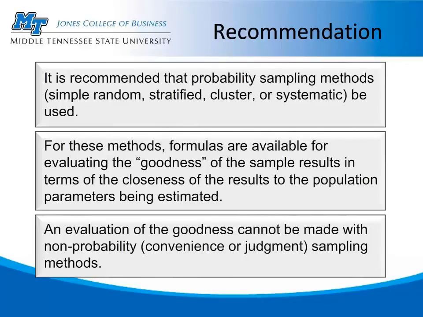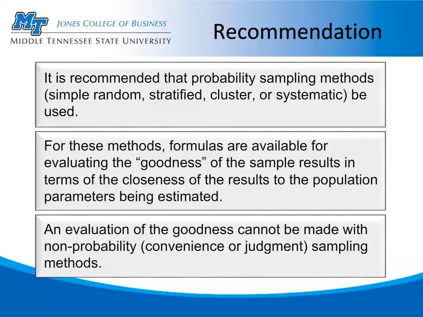The formulas that are being used in Chapter 7 are based on the assumption that simple random sampling was used. The idea is every sample is just as likely of being selected as any other sample. To come up with the probabilities, you take 1 and divide it by the number of possible samples.